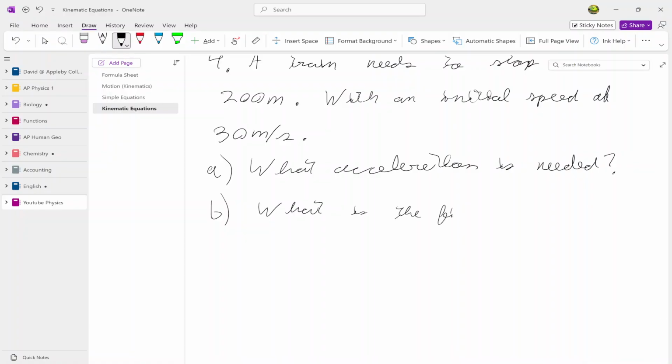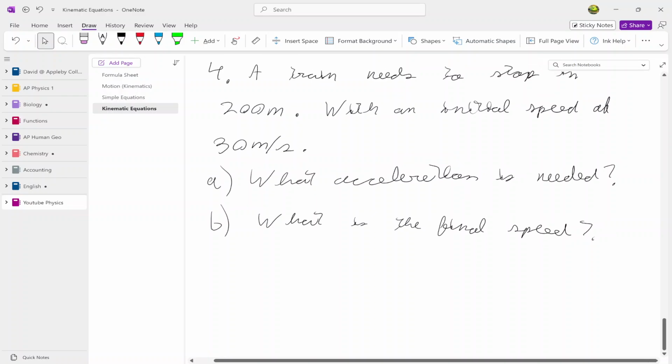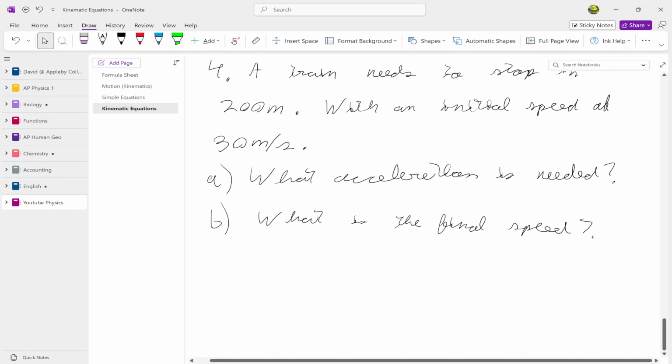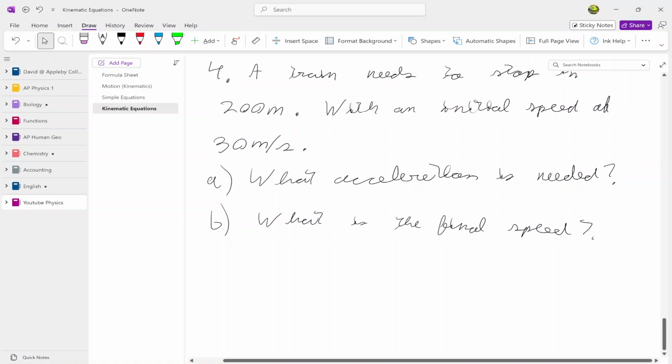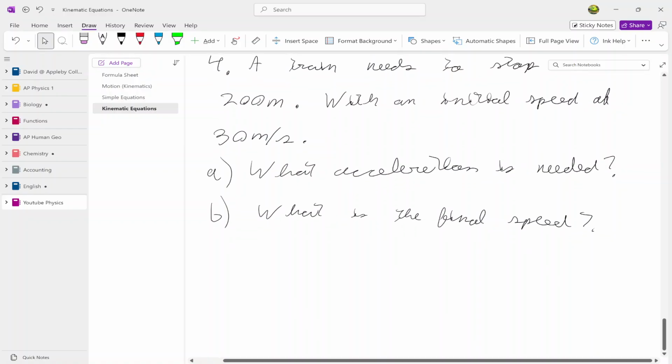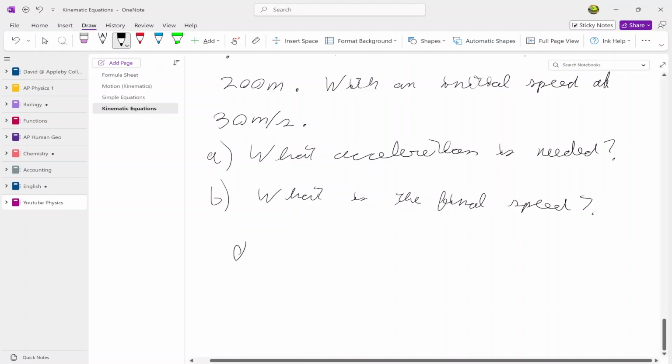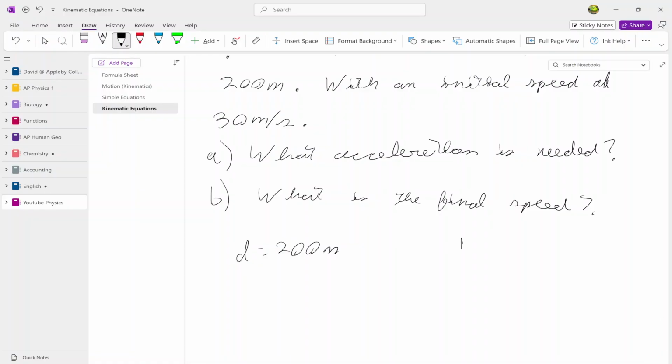So this one's similar to the rocket one, but it's more horizontal. So let's read the question. Needs to stop in 200 meters and has initial speed. So it has a distance of 200 meters, and then it has a VO, initial speed of 30 meters per second.